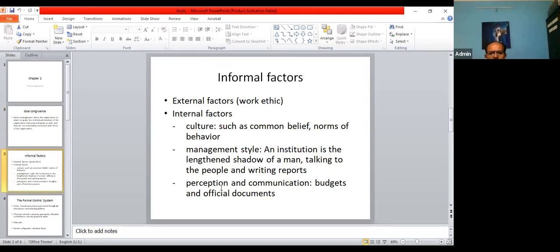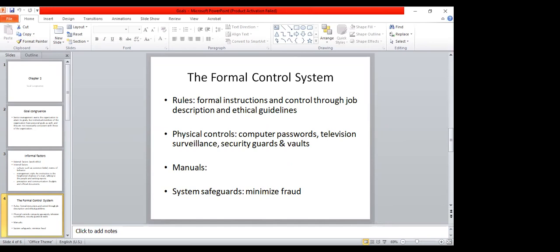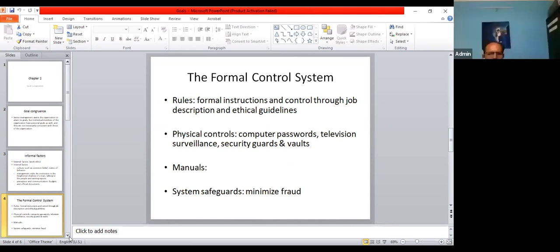Please remember this. And mention the formal control system, like computer password, CCTV, security guard, manual. I explained these points, no? Yes, sir. So please remember them in goal congruence.